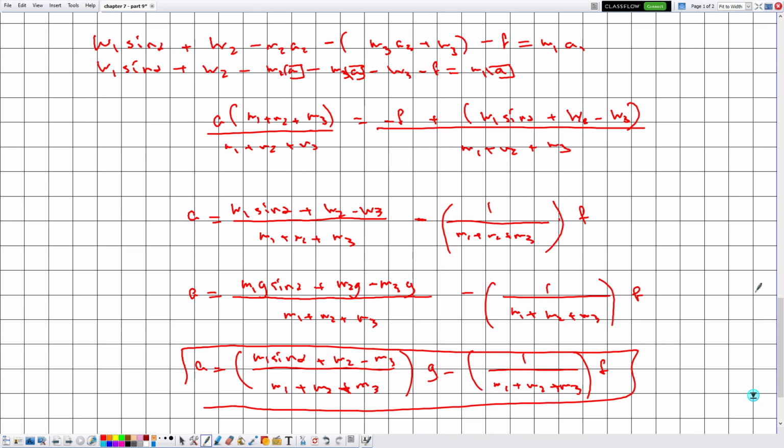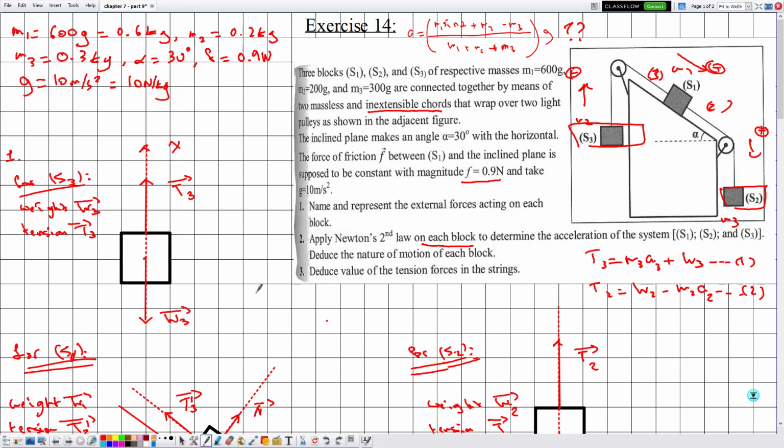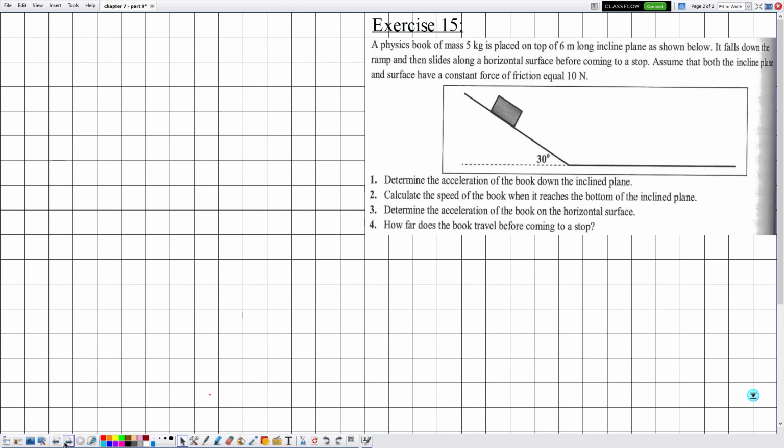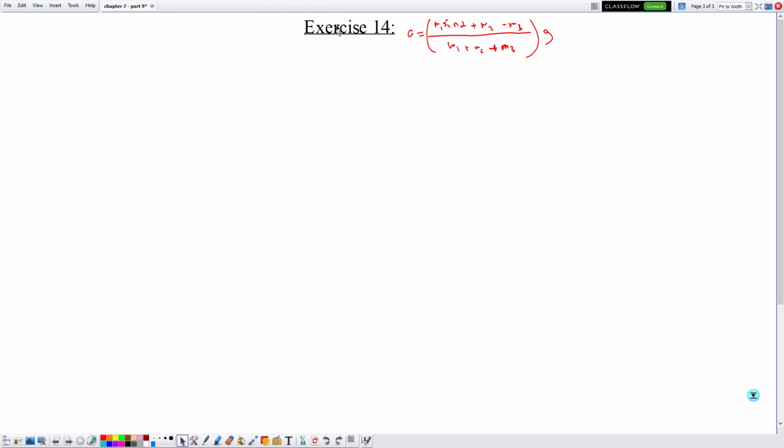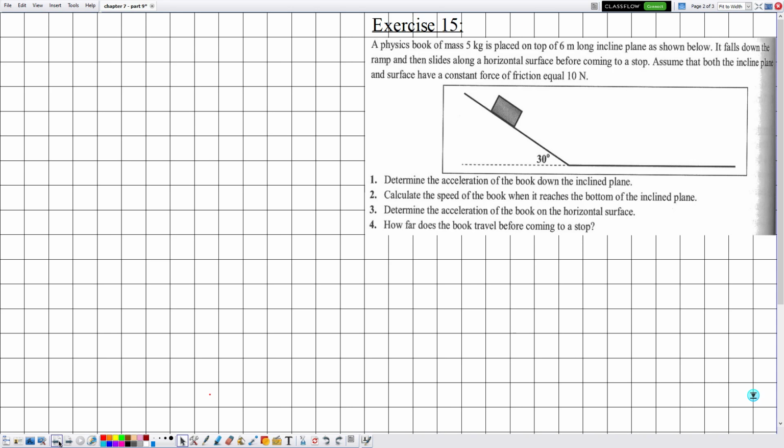Okay, now we started with the following. Okay, I cannot copy it again.